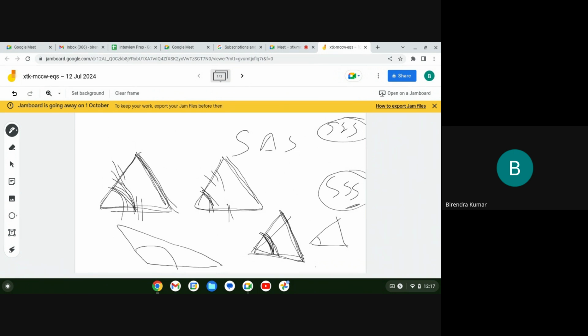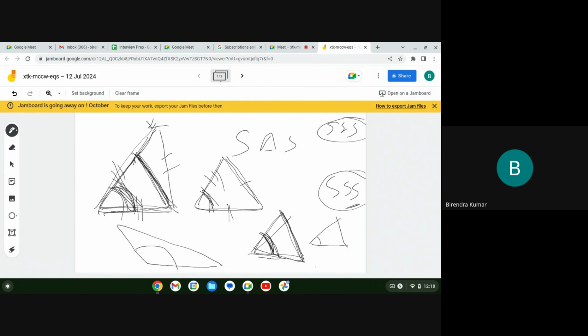So that means if these two sides are same and the angle between them is same, this side cannot be different. For the sake of argument, we said that okay, it is not same and it is meeting somewhere here, and then this is same. But that contradicts our theory that if two sides are same length and the angle is same, this side will be fixed.